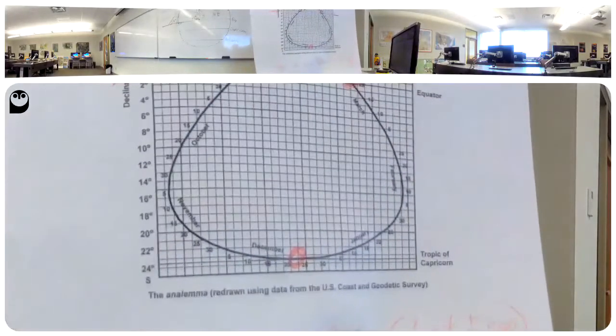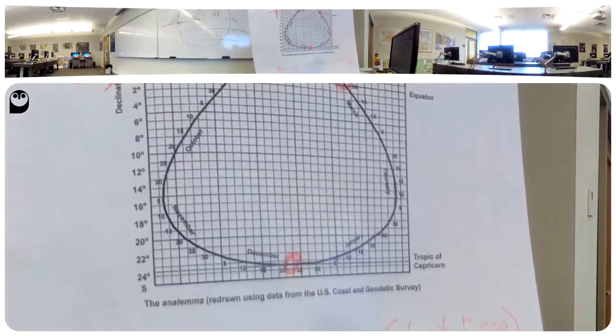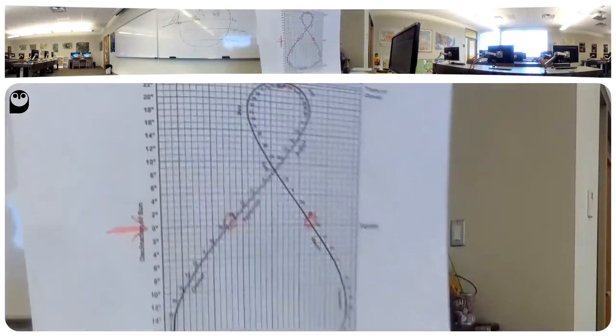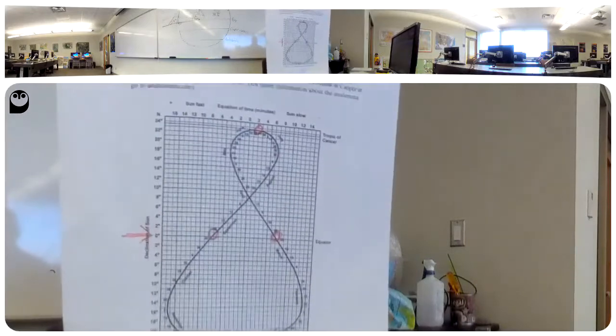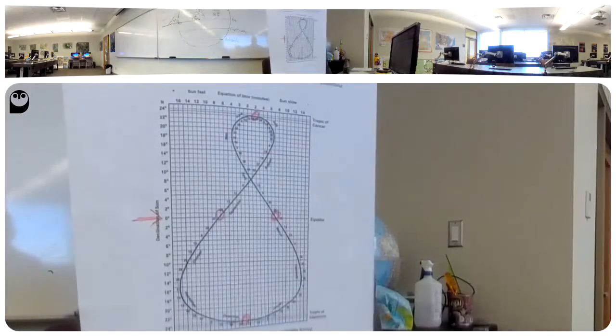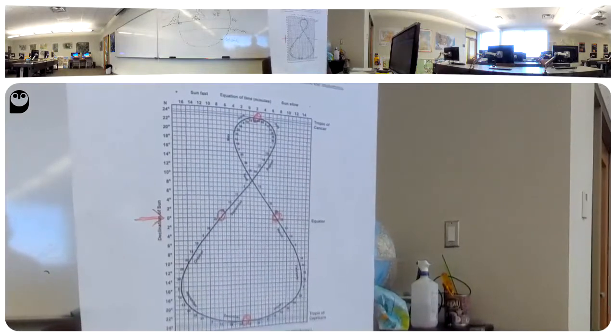Where are the sun's rays hitting the Earth vertically on December 21st? The Tropic of Capricorn, right? Okay. So that's what the analemma does: it shows you, for a specific date, where that subsolar point is.